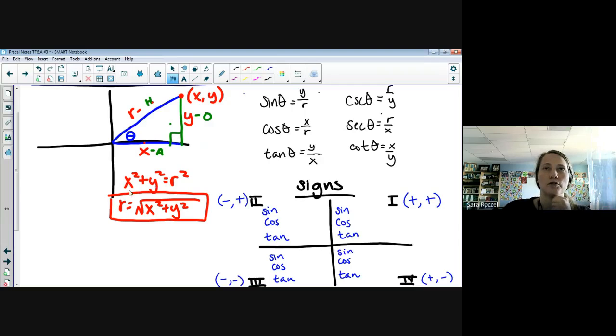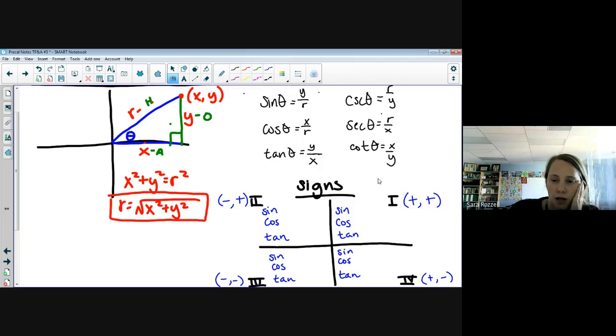And what type of number do you always get when you square something? A positive squared is a positive, right? A negative squared is also a positive. So if I add 2 positives together, is there any way that R could be a negative number? No. So that's also important to note.